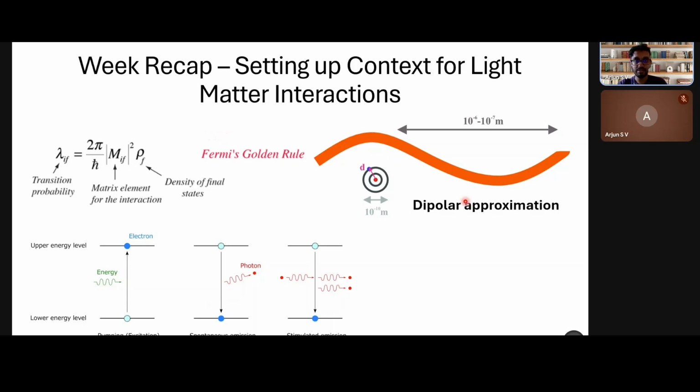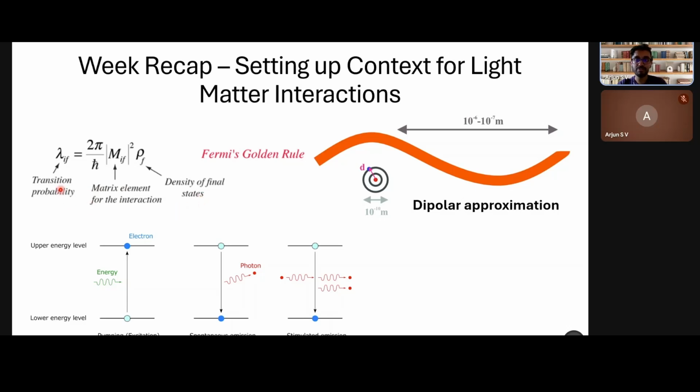and the dipolar approximation. We saw a lot of conditions in which the dipolar approximation can be made, and a lot of conditions in which Fermi's golden rule will stand, and what components we need for calculating it, such as the matrix elements for the interactions, as well as the density of final states.